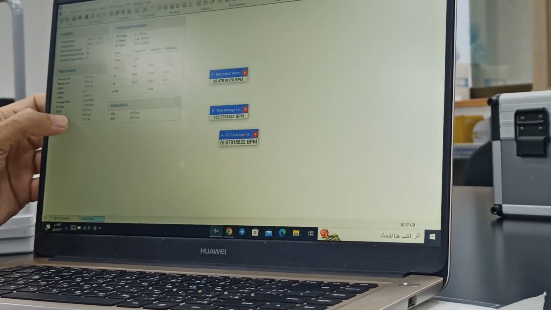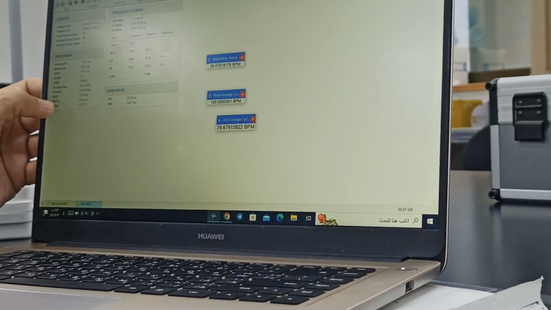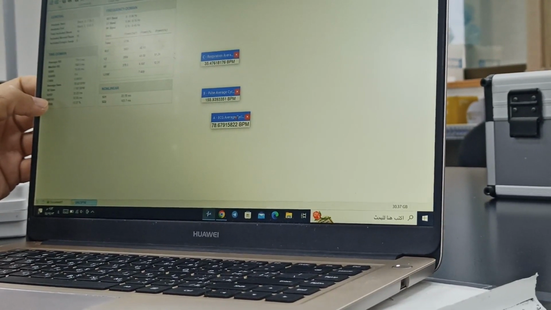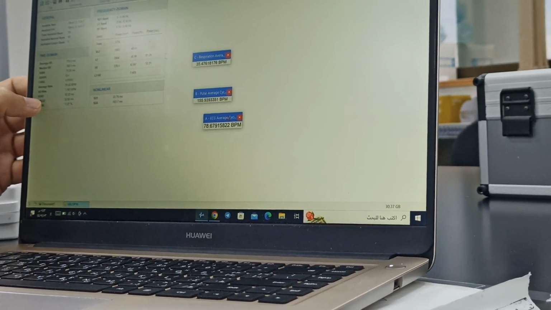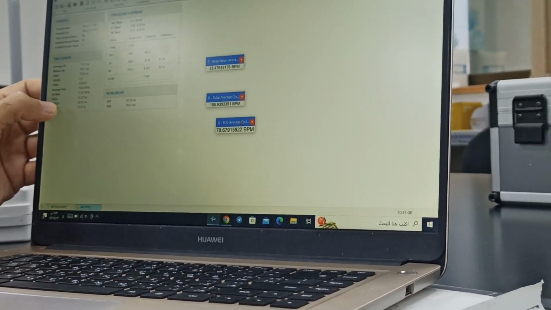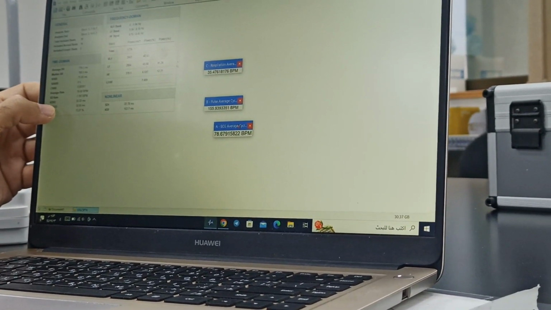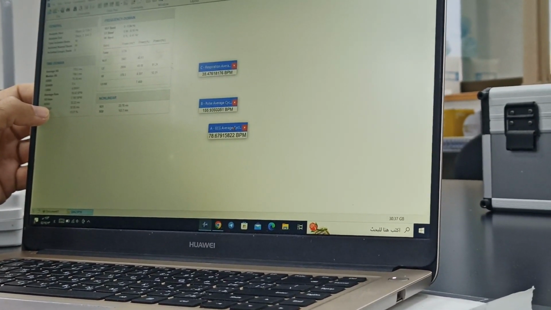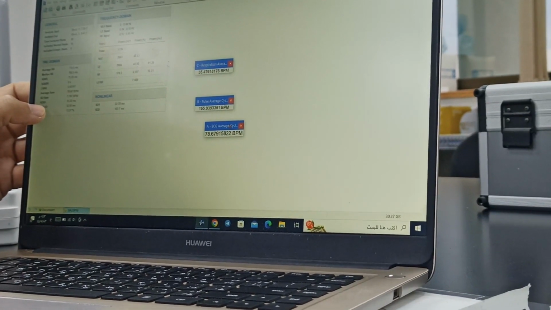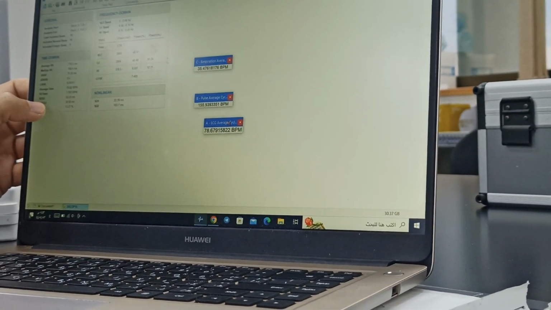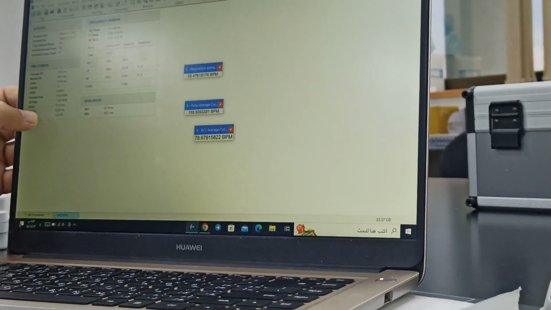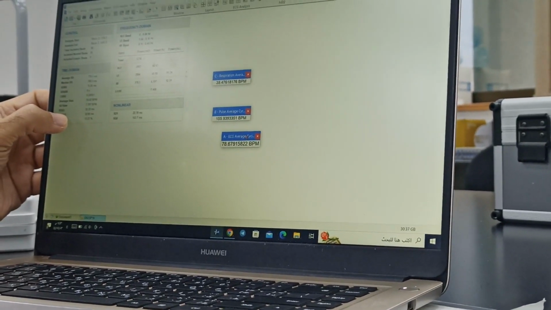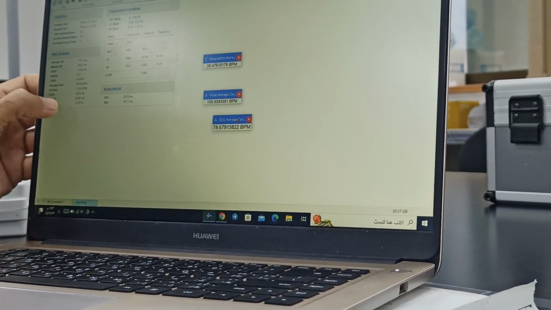Then is RMSSD, again a statistical term, which is the root of the mean of the square of differences between two successive RR intervals.